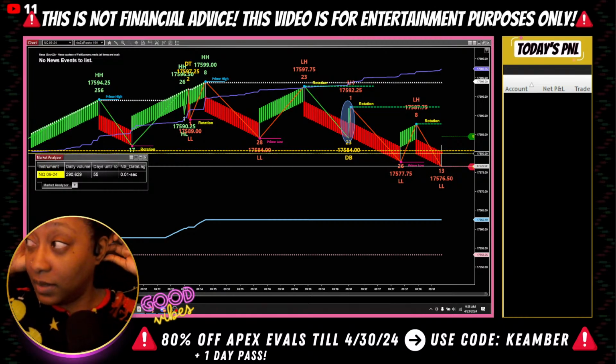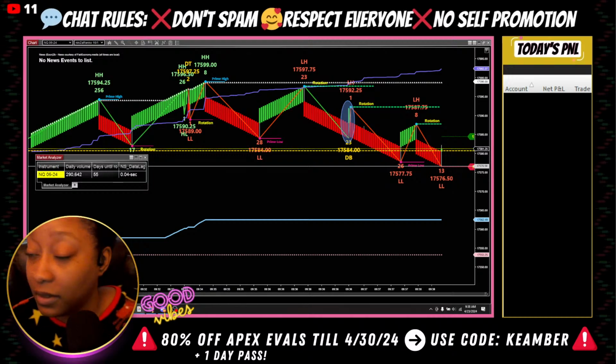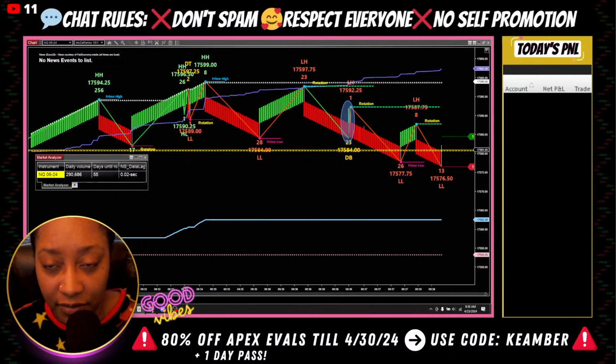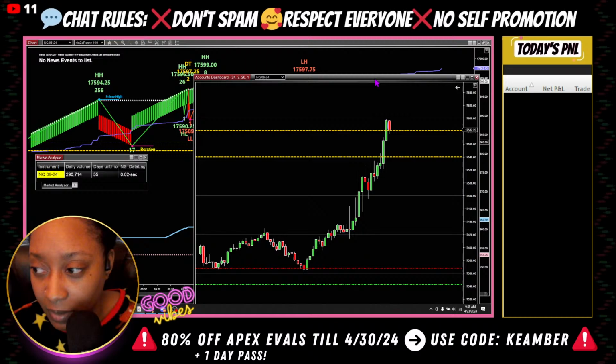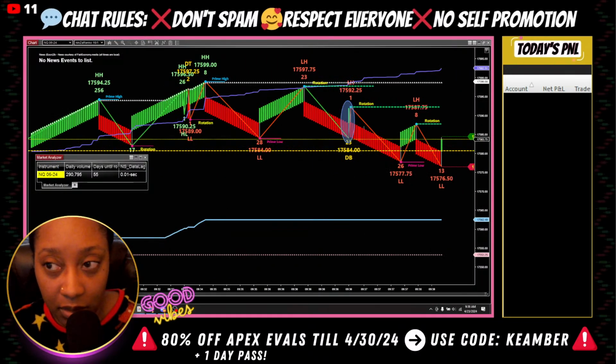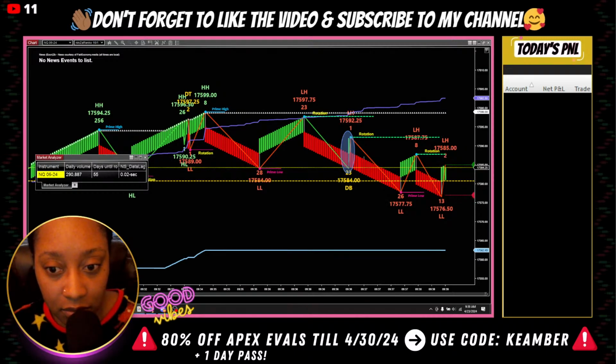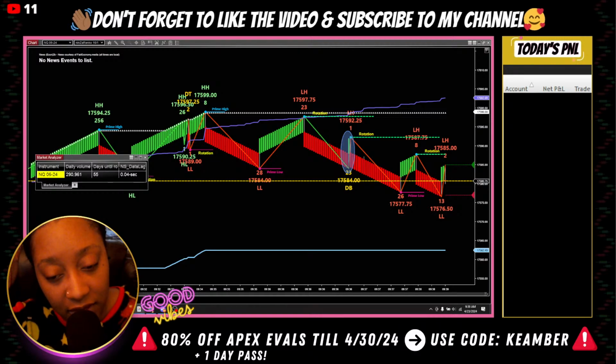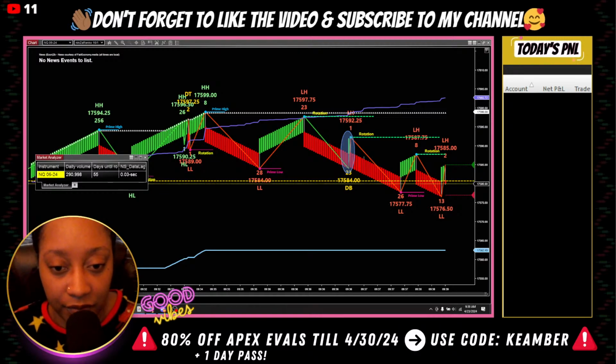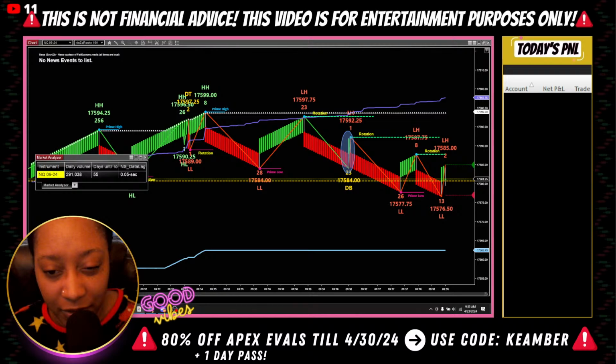VWAP at 2 a.m. It hasn't been back under. Bounced off it. I've got a 5-minute chart open, but I don't have a VWAP on it. I'll put a VWAP on it. Actually, I'm gonna have to find a different VWAP. I don't want to put the order flow VWAP on it because the order flow VWAP is very heavy on the processor.